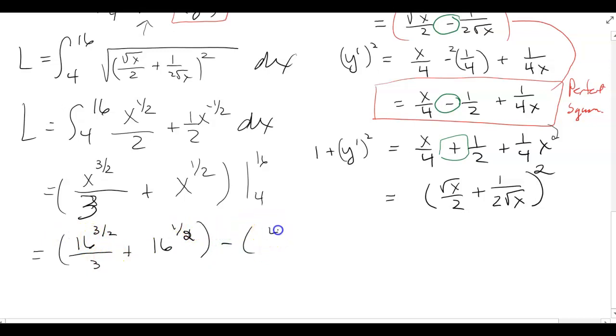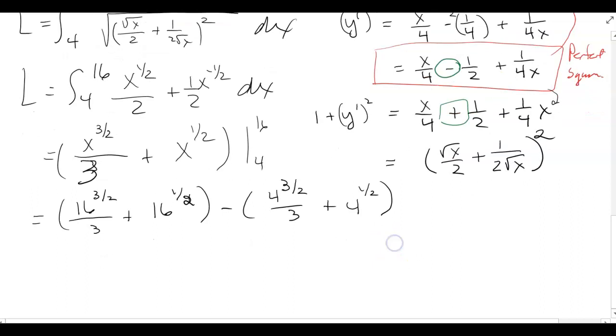minus 4 to the 3/2 over 3 plus 4 to the 1/2. Square root of 16 is 4. 4 cubed is 64/3 plus 4. Square root of 4 is 2. 2 cubed is 8, minus 8/3 minus 2.